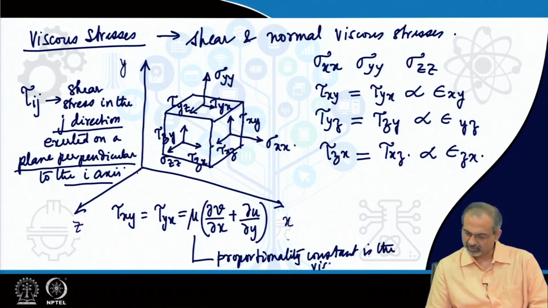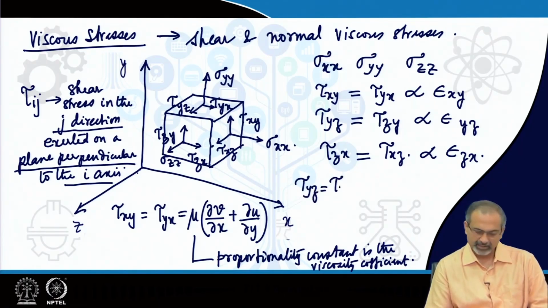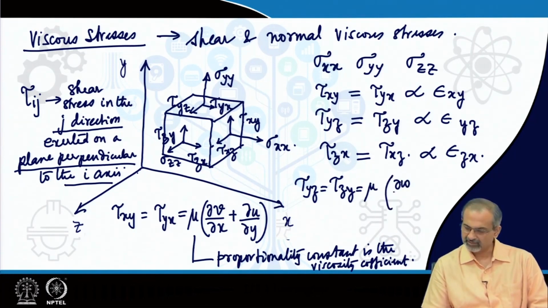It is the viscosity coefficient. In a similar manner, you can write down tau yz and tau zy, which are equal to each other, using these equations.